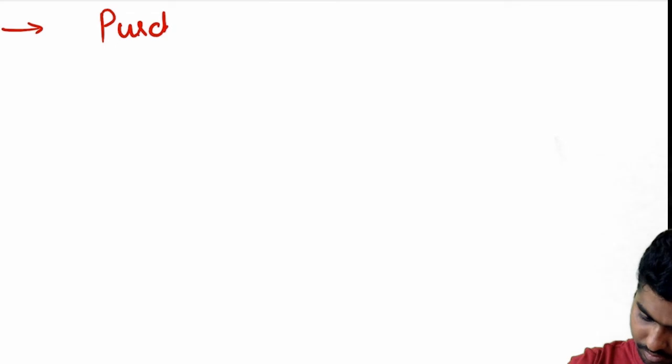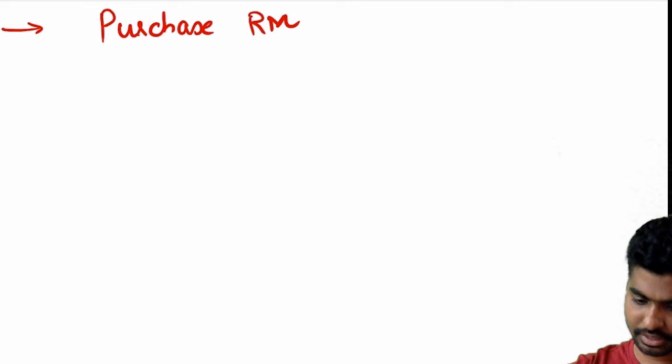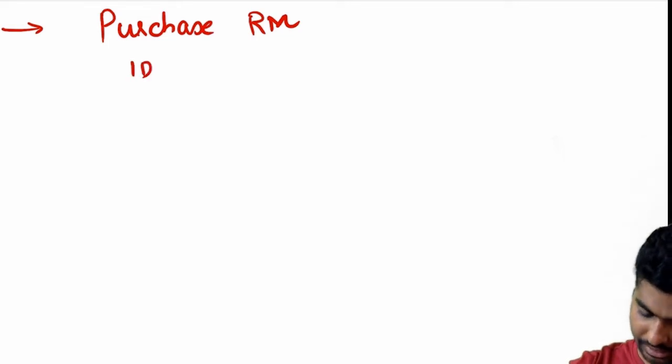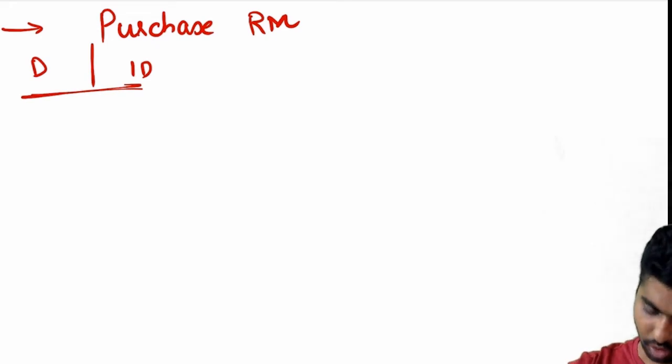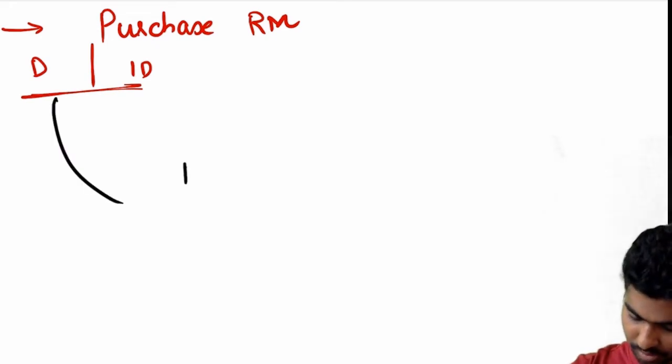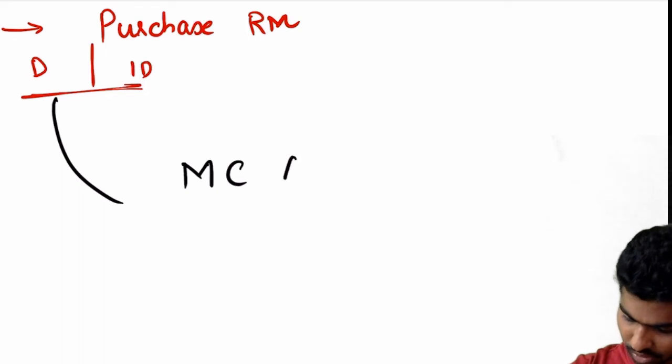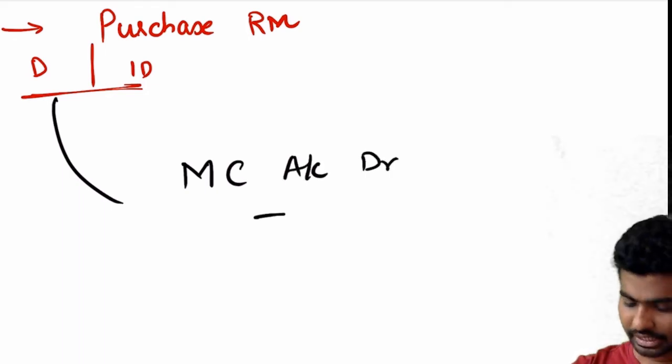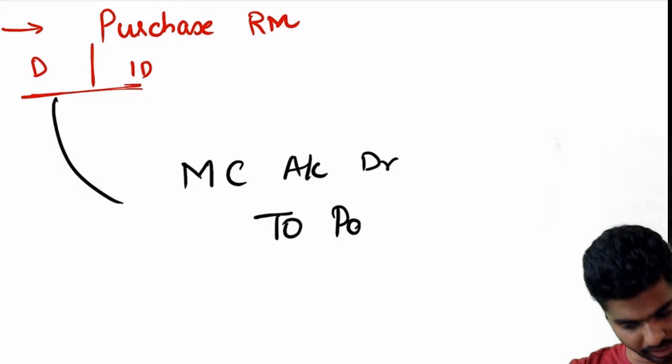So we'll move one step further with questions. When I purchase raw materials, whether it is direct or indirect, all of this will come to material control account debit to payables.